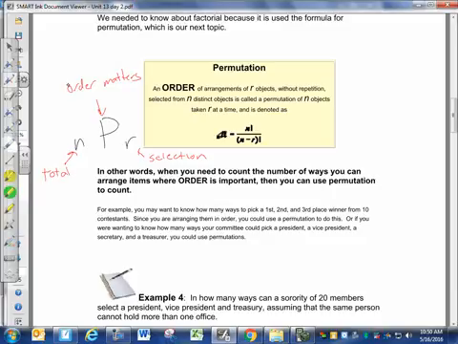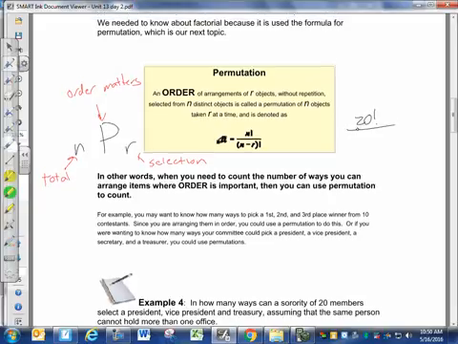Okay? Well, the formula is just taking the total amount and dividing it by the total amount minus the amount you're selecting. If you think about it in terms of this example, if I had 20 factorial ways to order sorority members, and I divide it by 17 factorial, which is 20 minus 3, what would end up happening?